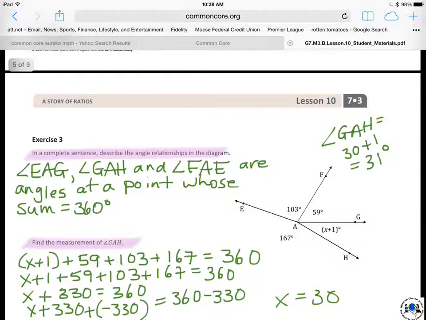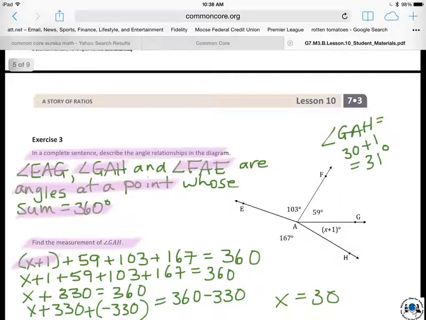The sentence I wrote here was: angles EAG, GAH, and FAE are angles at a point and whose sum is 360. Knowing that all of these together are going to be 360 degrees, I could very simply write all those angles out. I see there's 1, 2, 3, 4 different angles.